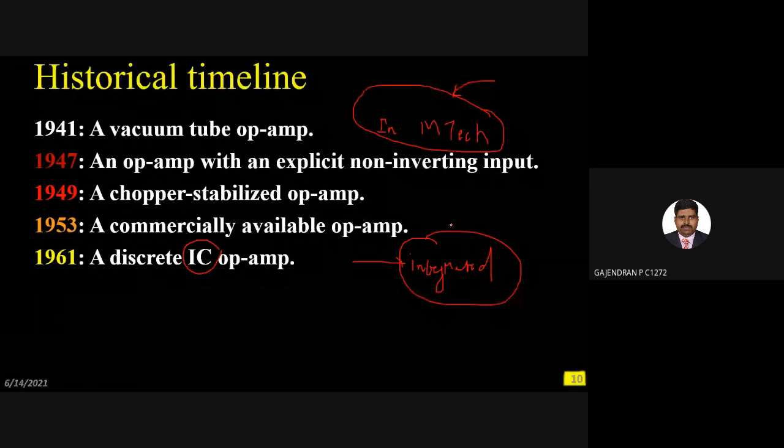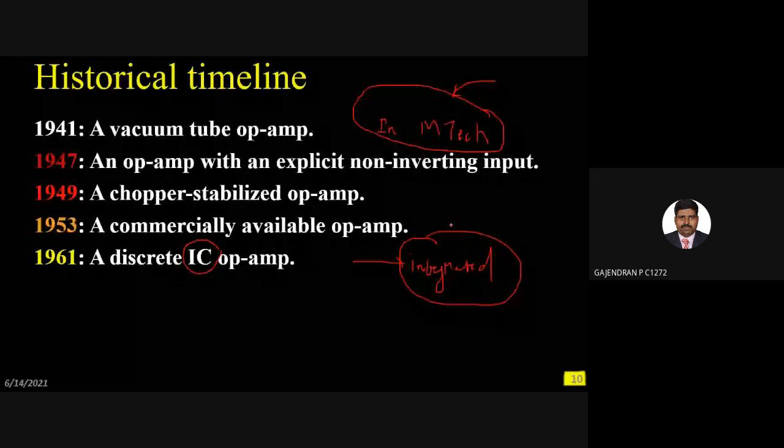Then what is the advantage of using this IC? Can anyone tell me? Many circuits are integrated inside, but it is available as a single IC, a single device. Instead of using a complex circuit, we don't bother about what is inside the IC. We don't need to study the complex circuit inside.